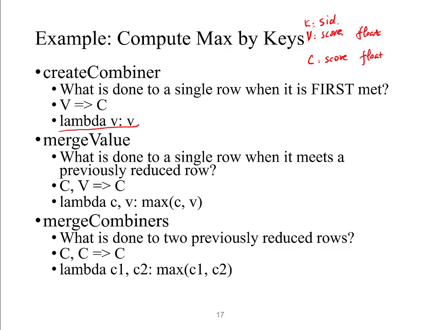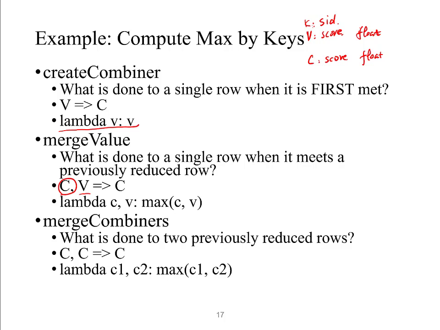All right. And for merge value, what is done to a single row when it meets a previously reduced row? The C here is the maximum score that we have scanned so far, and V is a new score here.